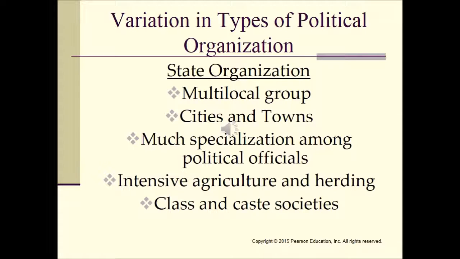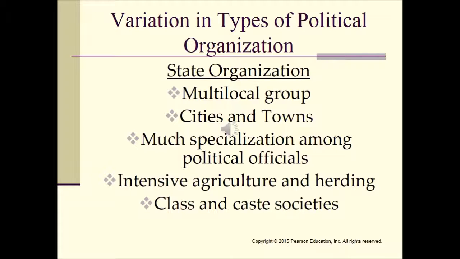But again, you have multi-local group connections. Here, definitely a larger population, so we're starting to see cities and towns collected together within a state. And very much specialization among political officials, and very much social stratification.